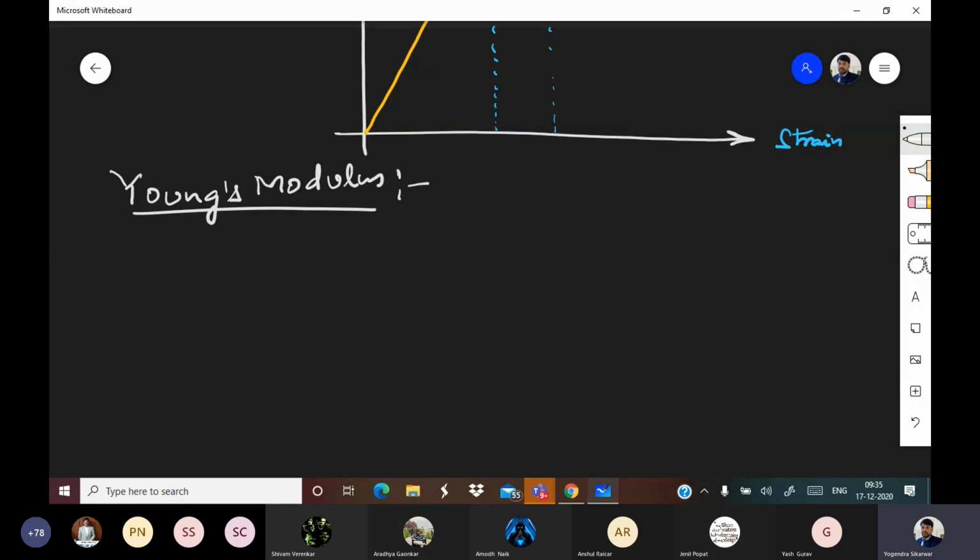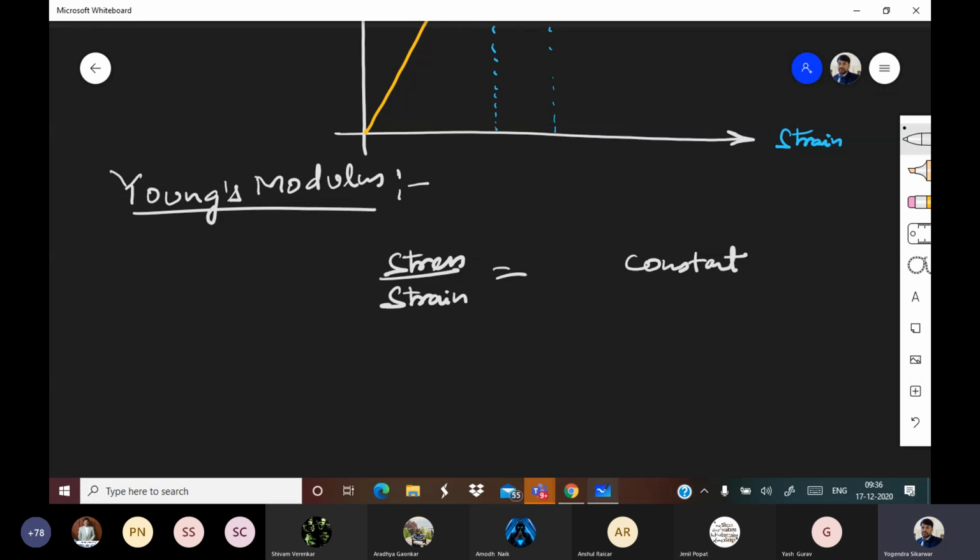Now, as per Hooke, if you pay attention, everyone, as per Hooke's law, stress upon strain is equal to constant. Yes or no? Now Young came and said, wait.